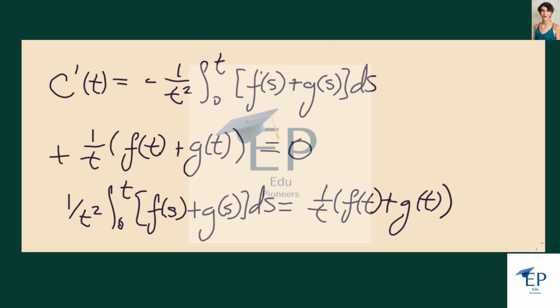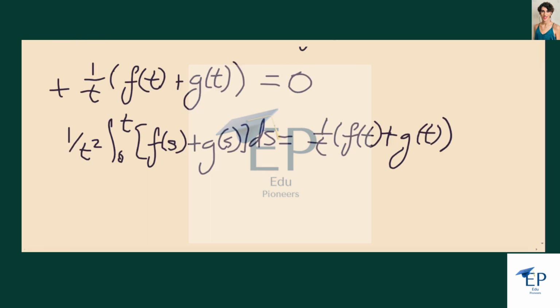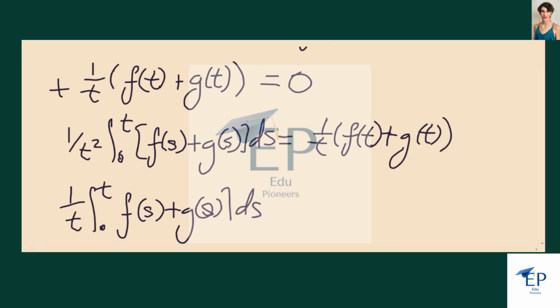We can multiply both sides by t, and we get that 1 over t times the integral from 0 to t of f of s plus g of s ds equals f of t plus g of t.